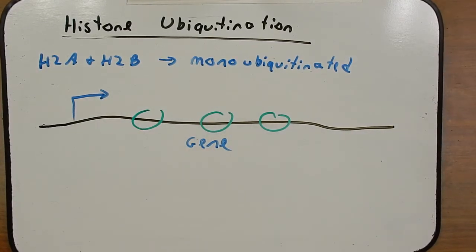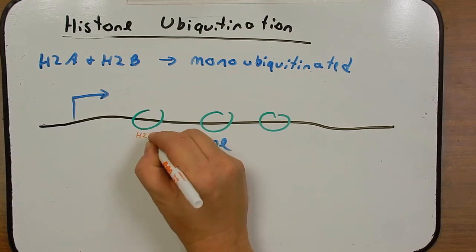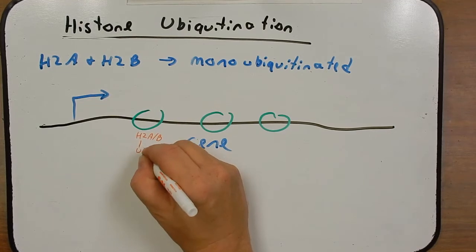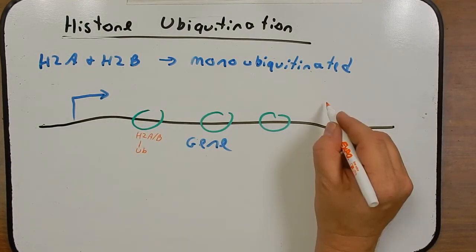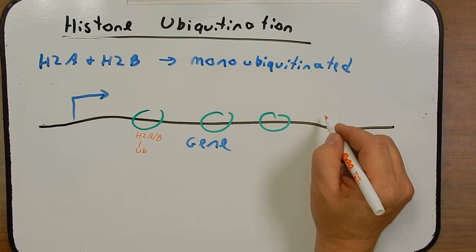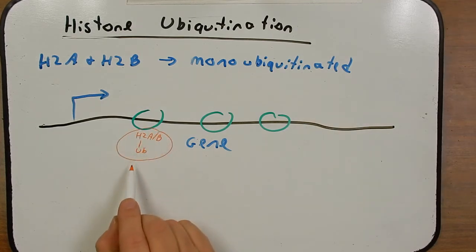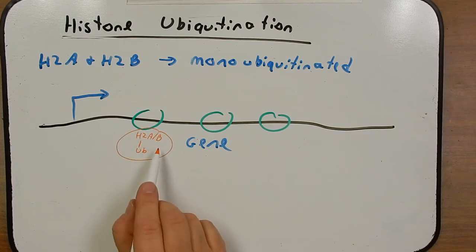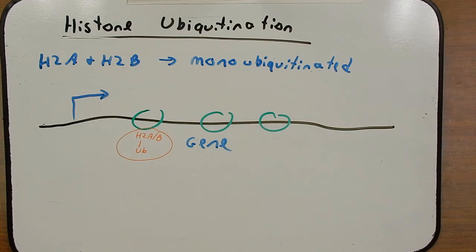What we think is happening here with ubiquitination is that this H2A or B is ubiquitinated, and that is necessary for the RNA polymerase to continue elongating the messenger RNA. So that step of elongation requires the ubiquitination of H2A or B. If it's not ubiquitinated, elongation would not proceed, or if it proceeded, it would not do so as efficiently as it needs to.